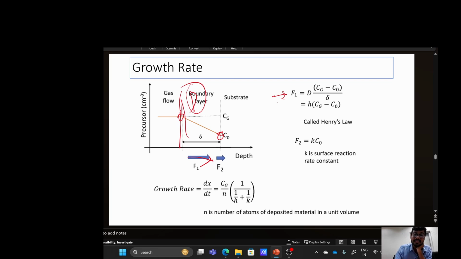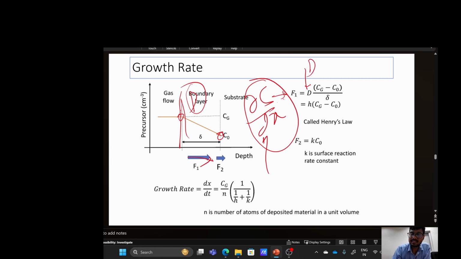So Cg minus C0, times D over delta, which is given by del C by dx. This is the concentration gradient, which is directly proportional to the flux, and D is the diffusion coefficient.